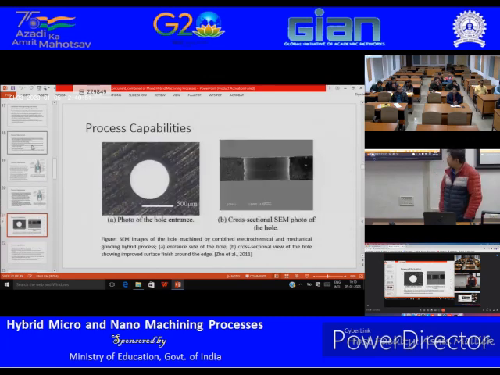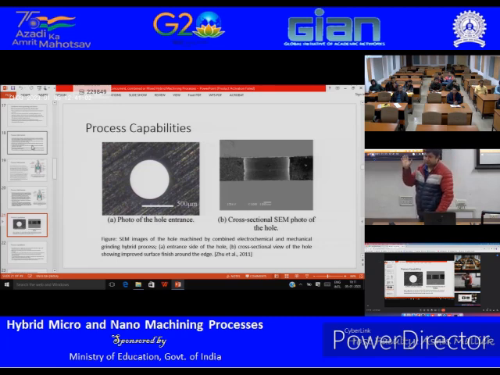Now let's look at the hole. This is the entrance side, and you don't see the heat affected zone that you saw in the first process when you used ECM with laser, right? Here you don't really see that. The entrance and the edges are very good.